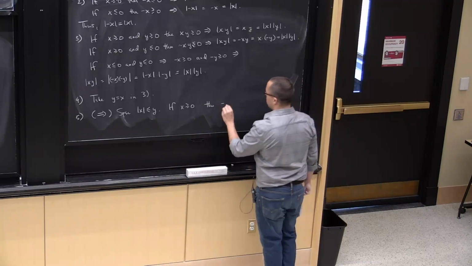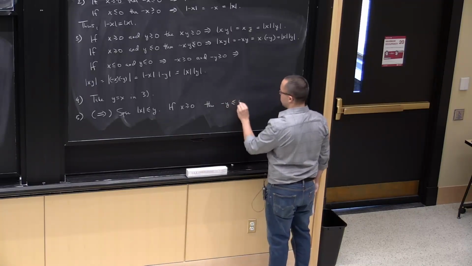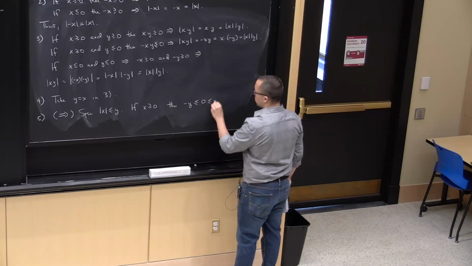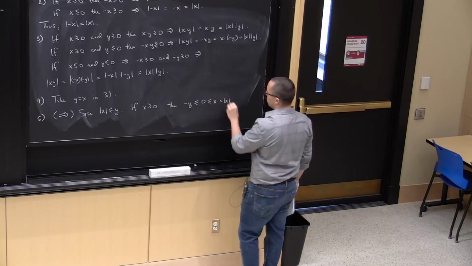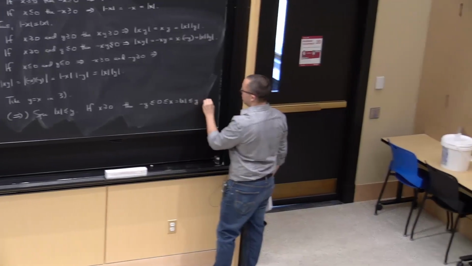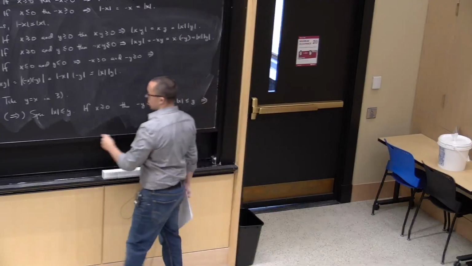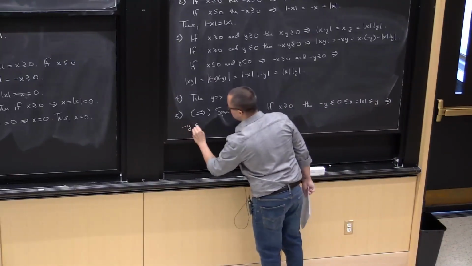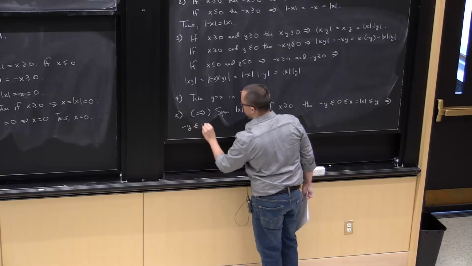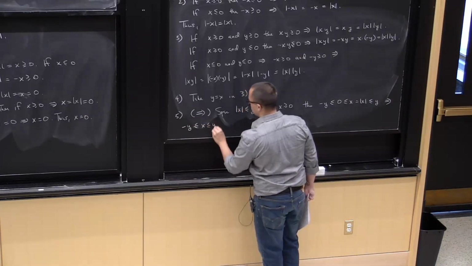So therefore, minus y is less than or equal to 0, which is less than or equal to x, which equals the absolute value of x, which is less than or equal to y, i.e., minus y is less than or equal to x is less than or equal to y.